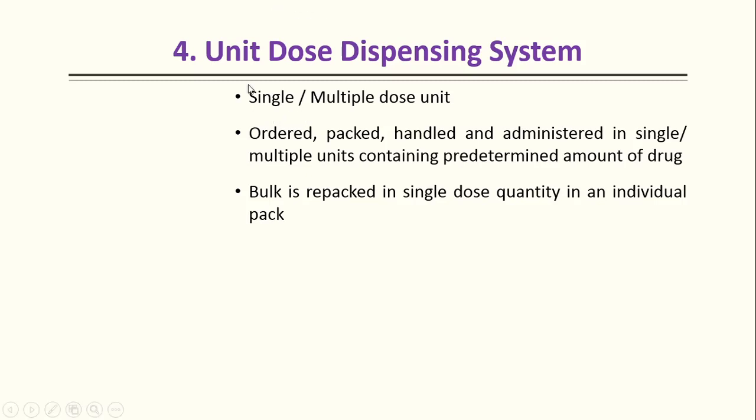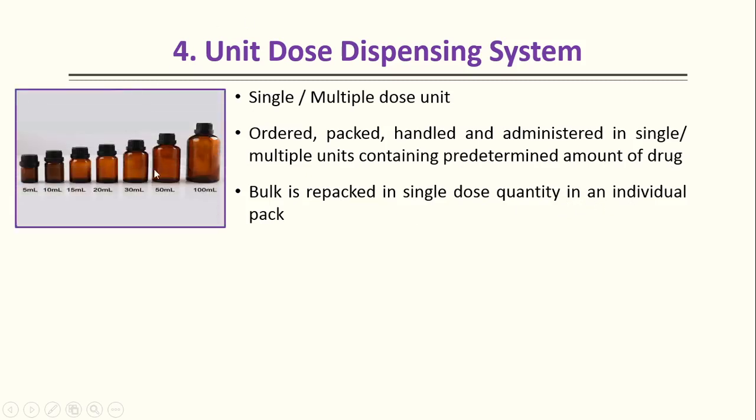These are ordered, packed, handled and administered in single or multiple units containing a predetermined amount of drug. Here bulk is repacked in a single dose quantity in an individual pack.